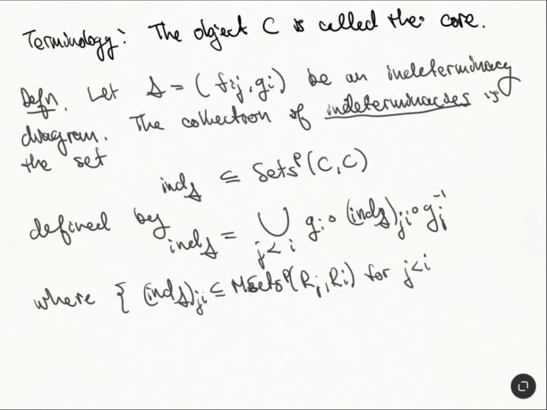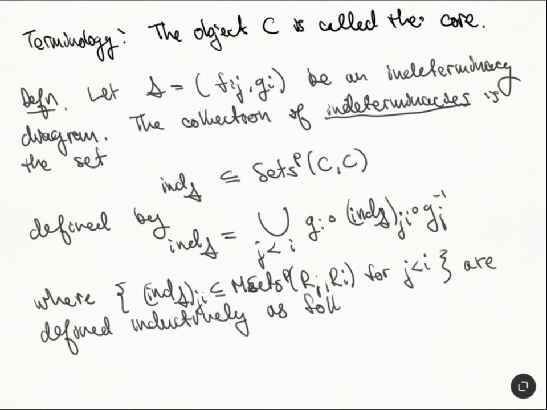So now I'm defining it for j less than i. These are defined inductively as follows. Now I'm going to write down 3 rules, or I guess 4 rules. Maybe I can squeeze them in here. I don't know if I'm going to ruin the slide here.